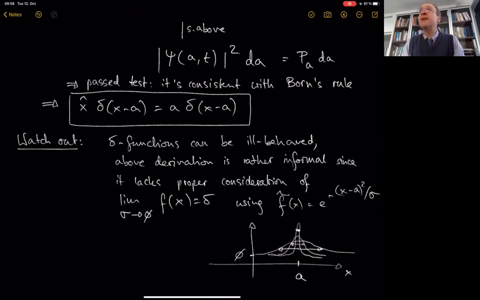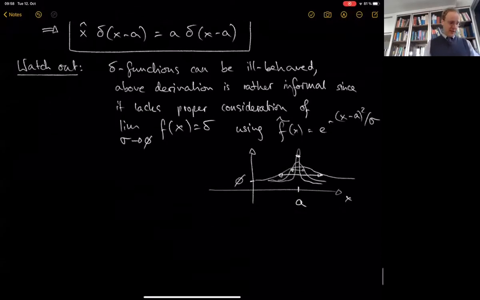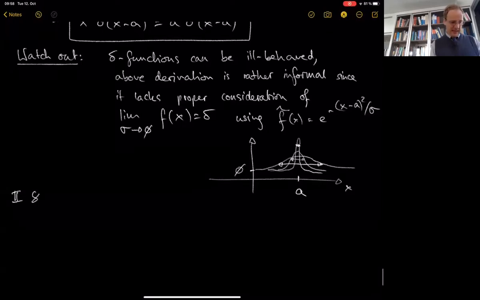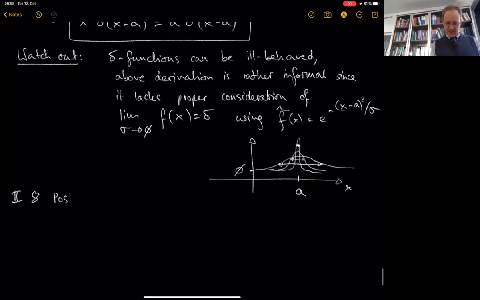Okay, I see we reached the full hour. The next section is sub-chapter 8 on the postulates of quantum mechanics. This is sort of a summary, if you wish, of what you had.